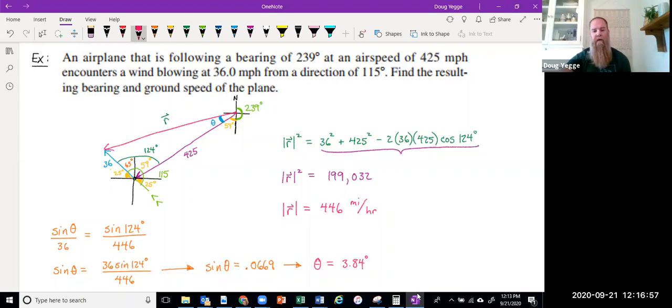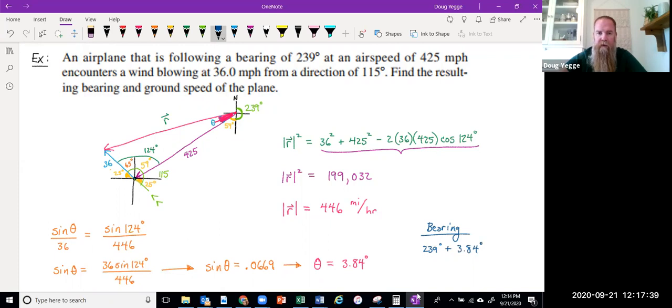Okay. So we're ready now to recognize that if this angle up here is 3.84 degrees, that just means that the 239 degree angle added an extra 3.84 degrees. So that additional angle, the bearing, is simply 239 degrees plus the additional amount of 3.84 degrees.